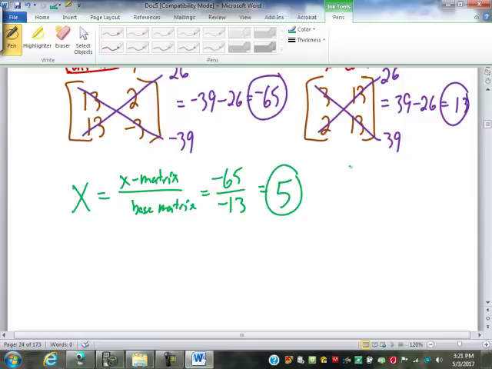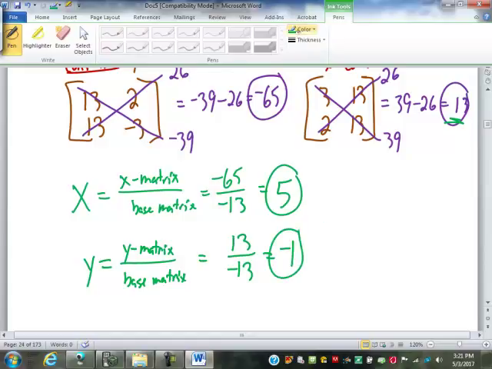Good. Positive 5. The value of Y is the determinant from the Y matrix divided by the determinant from the base matrix. So the determinant from the Y matrix was positive 13. The base matrix was still a negative 13. 13 divided by negative 13 is negative 1. So the solution here is x is 5, y is negative 1.